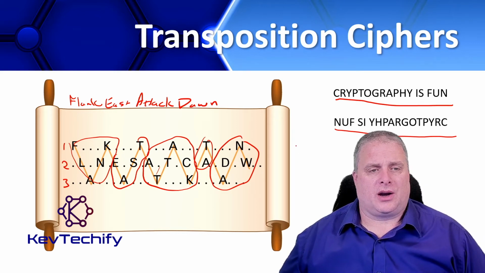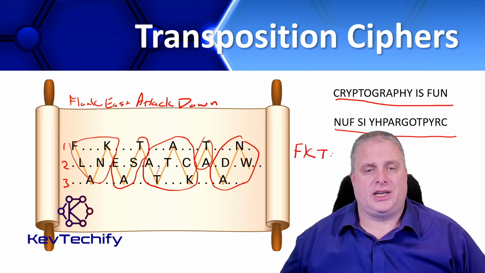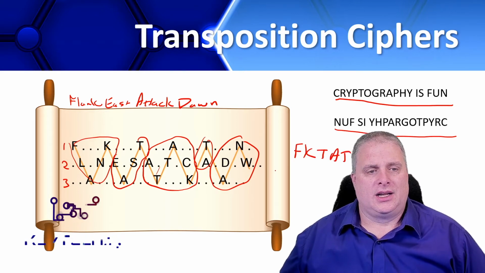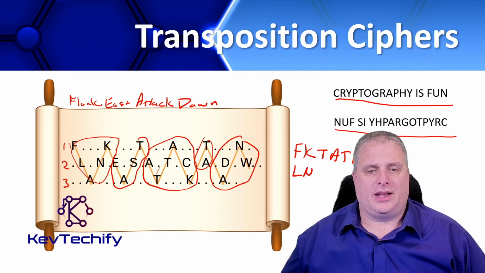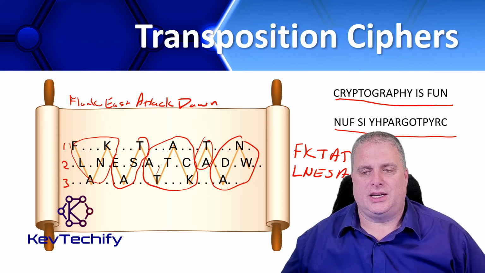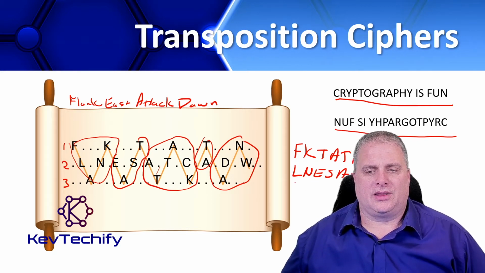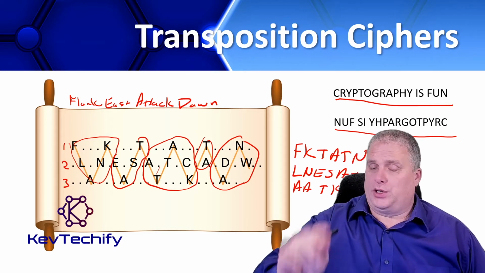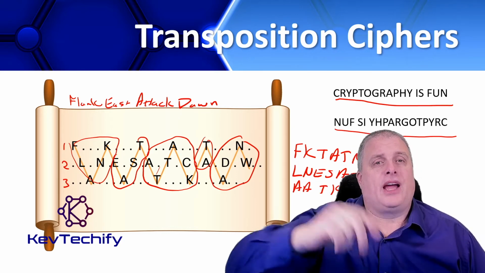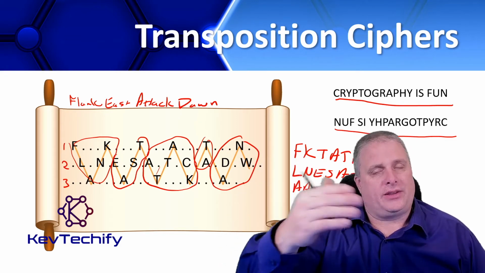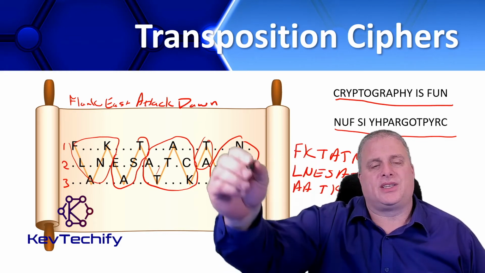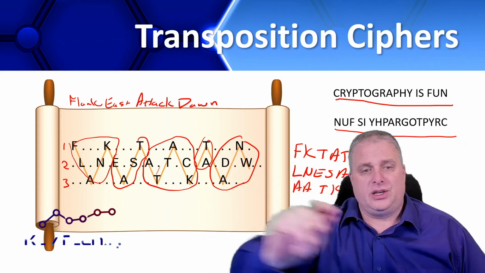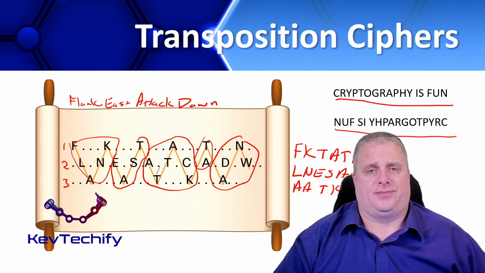You'd write down our message F, K, T, A, T, N. The second line here would be L, N, E, S, A, T, C, A, D, W. And then the third line, or the bottom rail, would be A, T, K, A. The person would get these messages and they would have to know that there's 3 rails. You can tell that there's 3 lines, and then they would have to write that message out going across there using this transposition cipher.